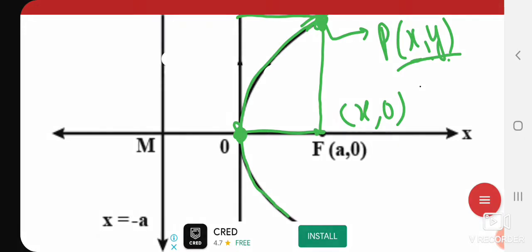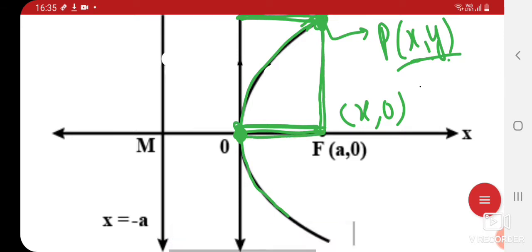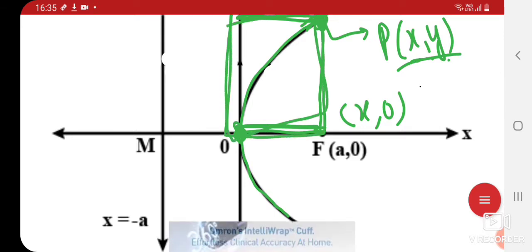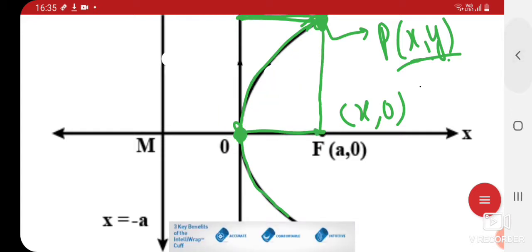Because I know that this line is parallel to this line, and the shape you are obtaining from here is a rectangle, and the rectangle has opposite sides equal.